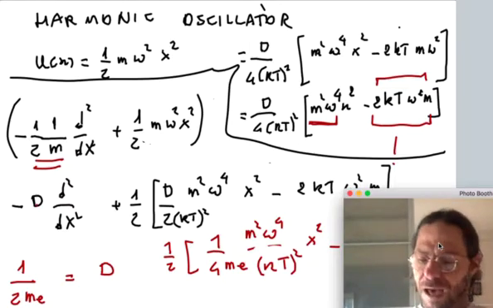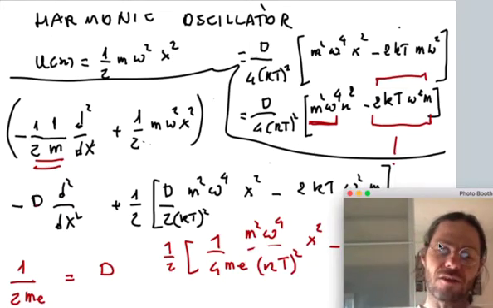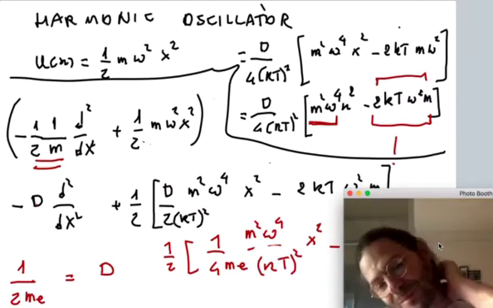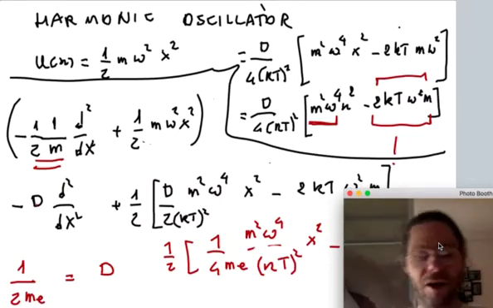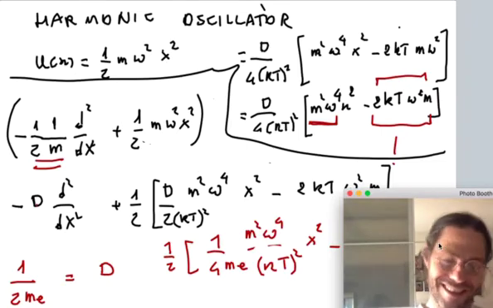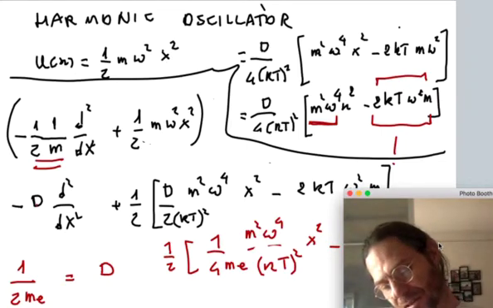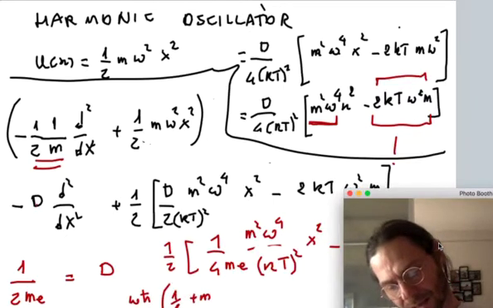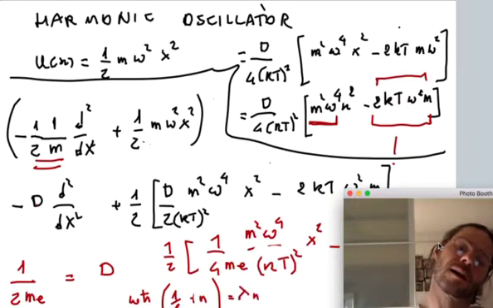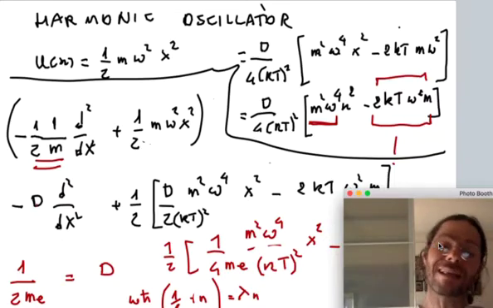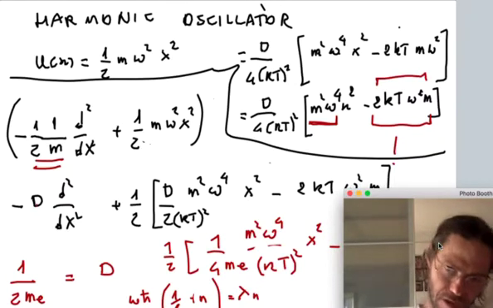So by doing this mapping, I could use the result I know for the spectrum of the harmonic oscillator. Remember, the spectrum of the harmonic oscillator is going to be omega ħ times (1/2 plus n), where n is the principal quantum number. And basically dig out the spectrum of the Fokker-Planck operator.